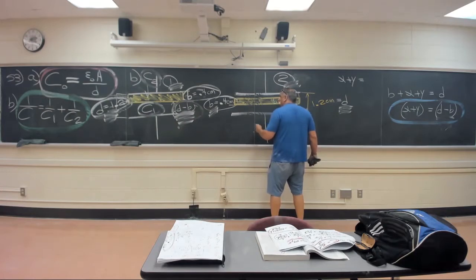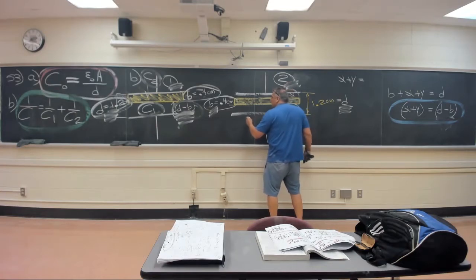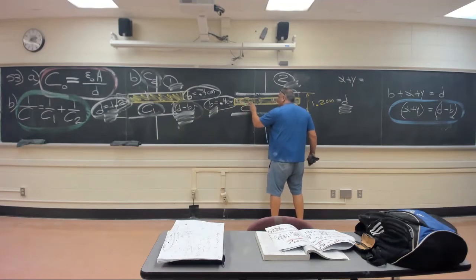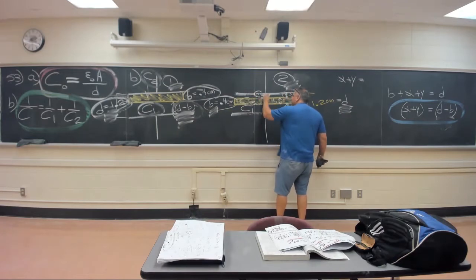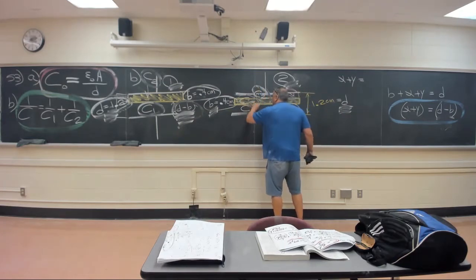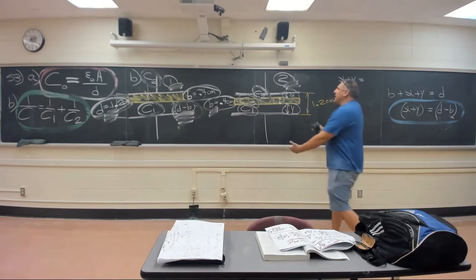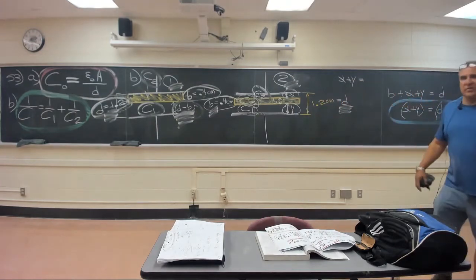It's hard to know how you want to call it here, guys, but let's call this capacitor 1, let's call this capacitor 3, and let's call this guy capacitor 2. Does it really matter what subscripts you're putting on there? No. But here there's 3 capacitors in series.